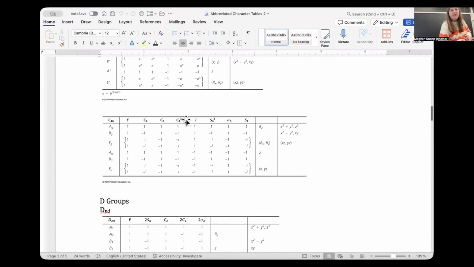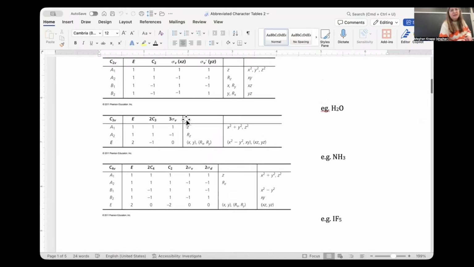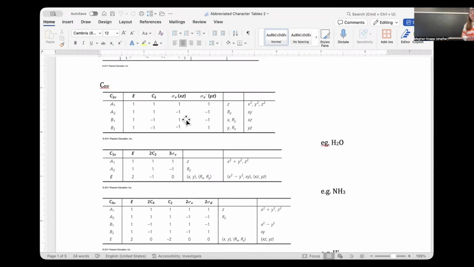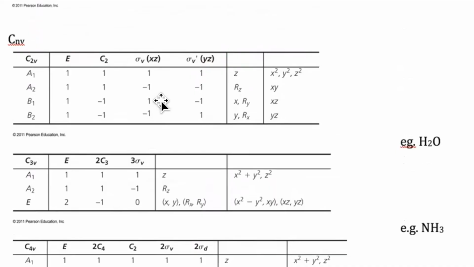Okay, and so we don't have that perpendicular C2 axis, but we do have vertical mirror planes. So under C2V, if I look under sigma V, the first one is labeled XZ. The A1 has a 1, the A2 has a -1. The B1 has a 1, the B2 has a -1.